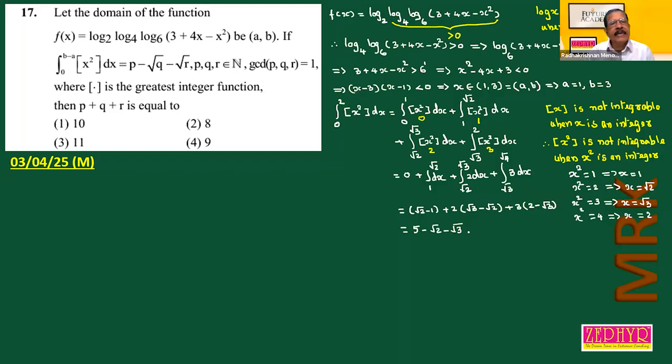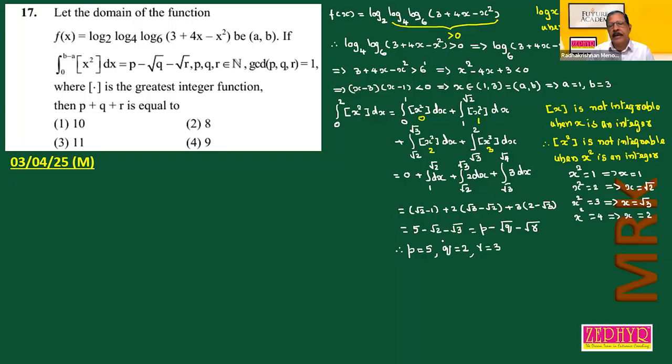So it is given that this is equal to P minus √Q minus √R. On comparing, you will be able to get P is equal to 5, Q is equal to 2, R is equal to 3.